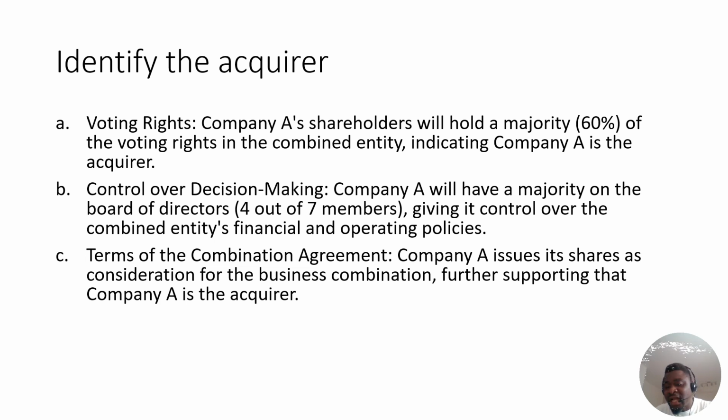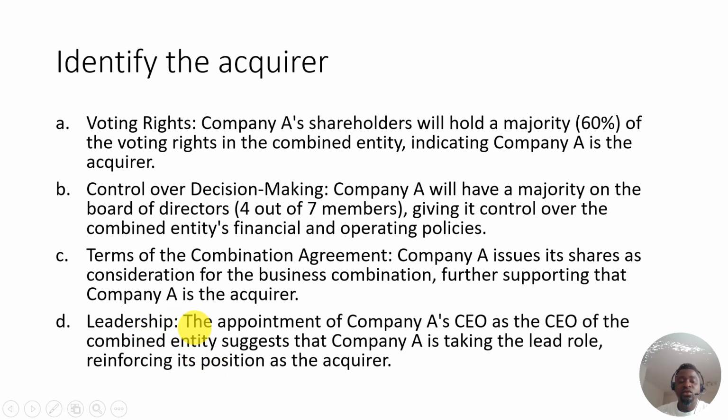So that signifies that company A is the one paying the consideration, and whoever pays the consideration is the acquirer in a business combination. So the next one is to look at the leadership structure. In terms of leadership, company A CEO will become the CEO of the combined entity after the business combination. So all these 4 pointers show that company A is the acquirer.